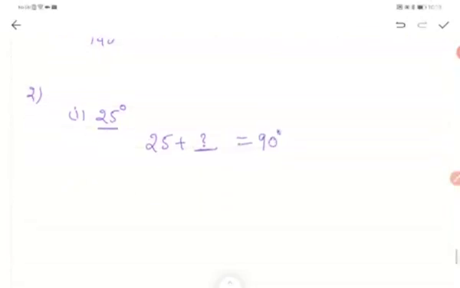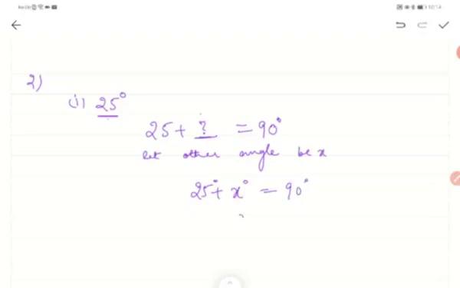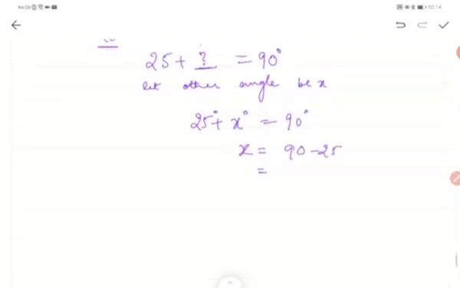So we want to find what the angle is at this point. You can take this as some x, isn't it? Let the other, unknown angle be x. So if I take 25 degrees plus x degrees is equal to 90 degrees, my x will be equal to 90 minus 25. So the complementary pair of your 25 degrees will be, yes, what is 90 minus 25?